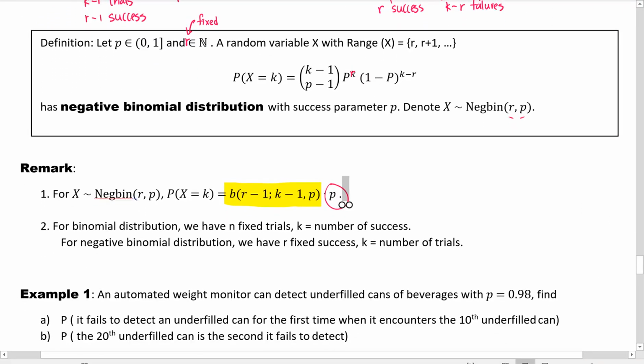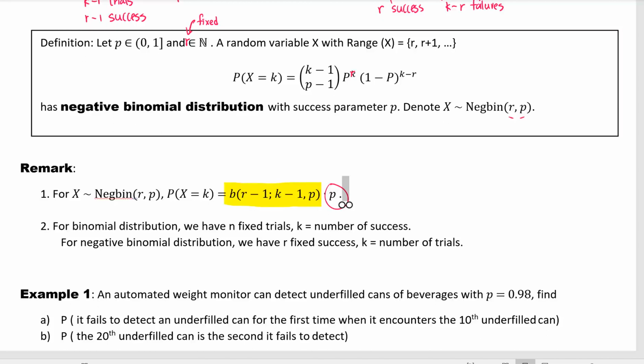Second remark. For the binomial distribution, we have N fixed trials, and K is the number of successes. For the negative binomial distribution, we have R fixed successes, so the number of successes is fixed, and K is the number of trials, so K varies.